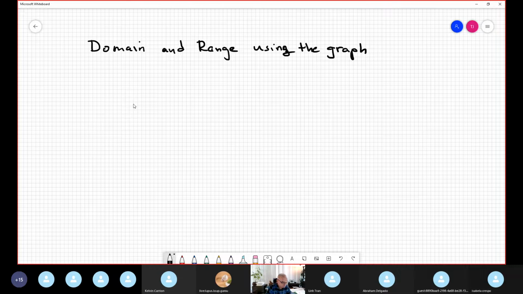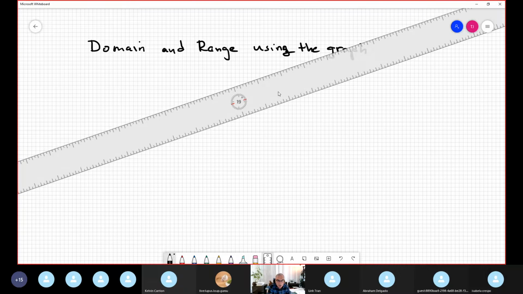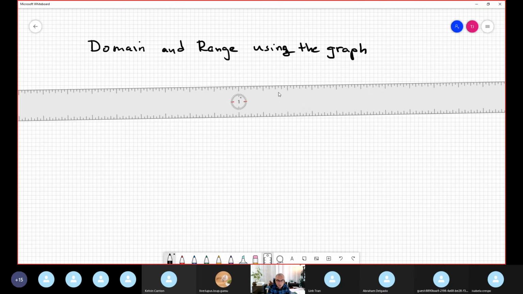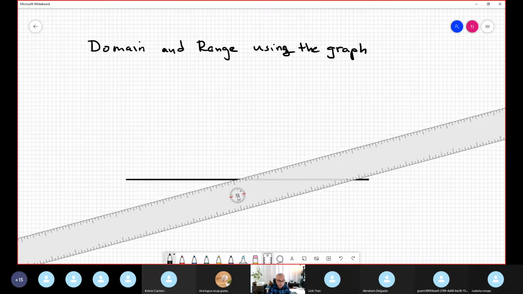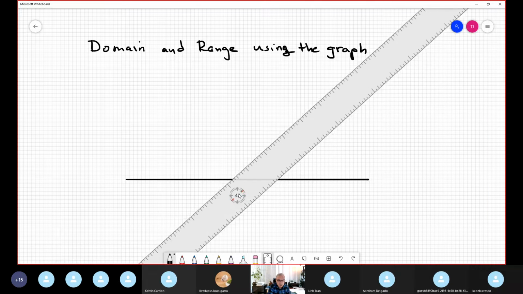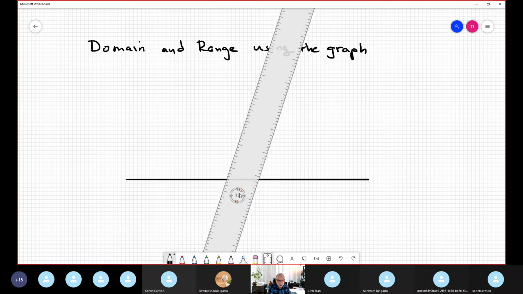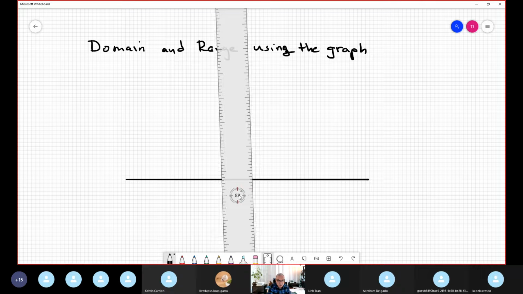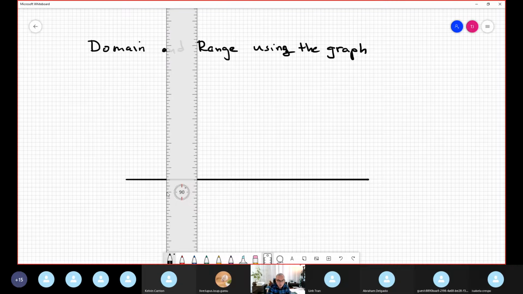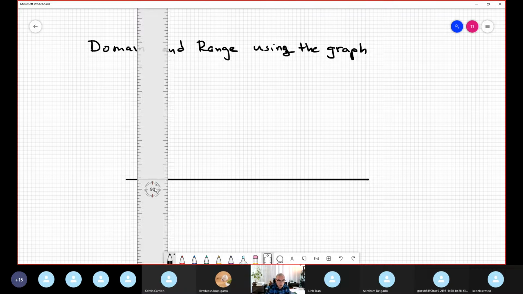Suppose I want to complicate your life, I put a weird graph, a weird graph where we have some gap, some hole. This is my x-axis. At 90 degrees, we have the y-axis. And the graph I propose to investigate.